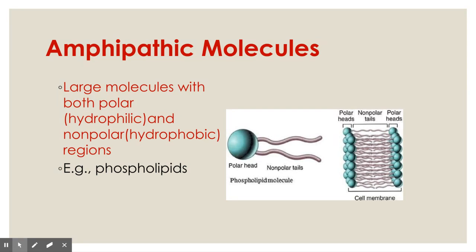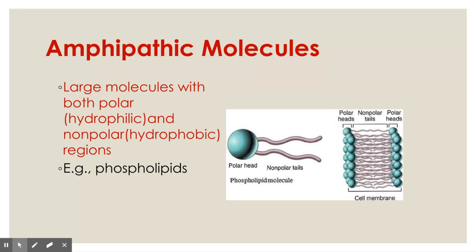The part that is polar is what we say hydrophilic. It likes water. It can interact with water. Where the non-polar part is hydrophobic. It's afraid of water. That's what hydrophobic means. It will not interact with water.